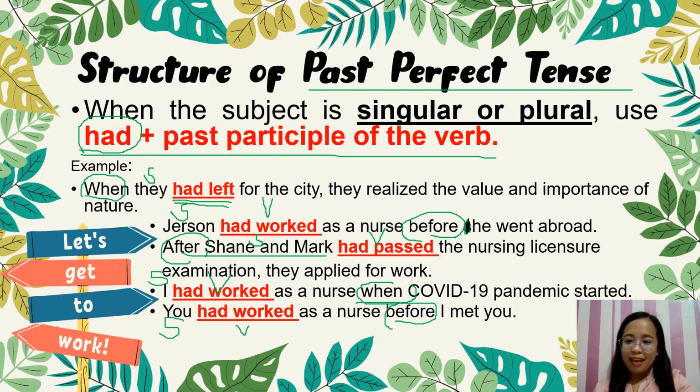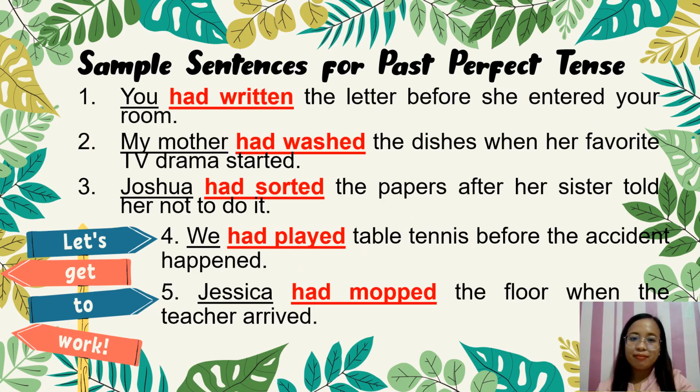Okay? Let's move on. Let's have more examples of sentences in the past perfect tense. Number 1. You had written the letter before she entered your room. The subject is you, and the verb is had written. Next, number 2.